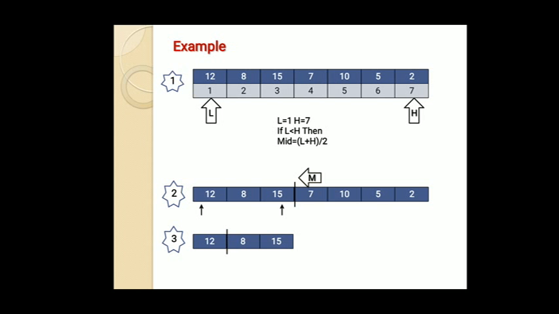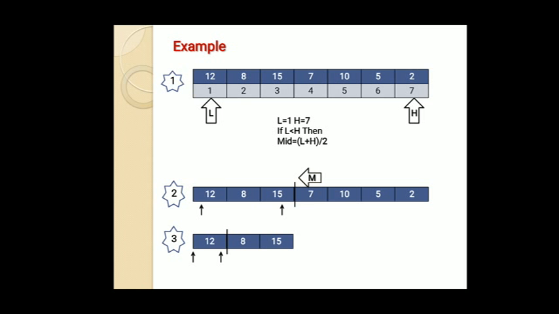Here the condition if L less than H will go wrong, because both are pointing to the same index, 1 and 1. 1 less than 1 is false, so it stops there. That is to say you have found a solution for a subproblem.